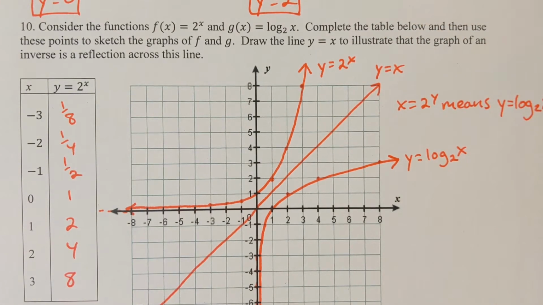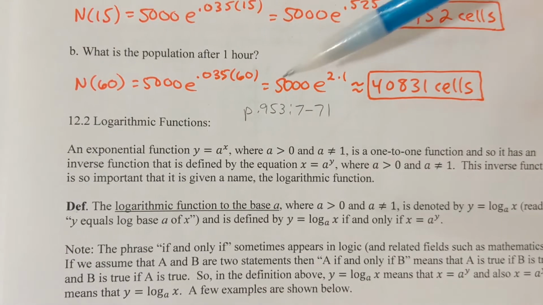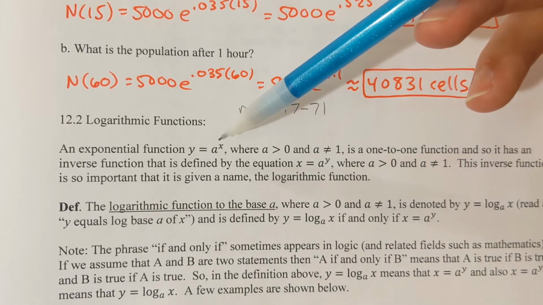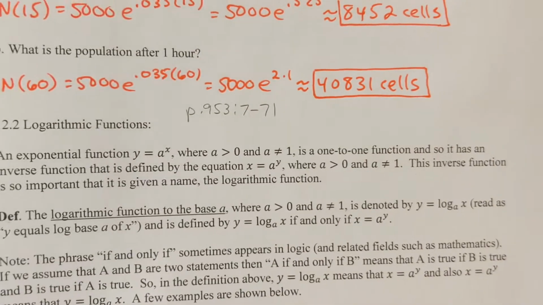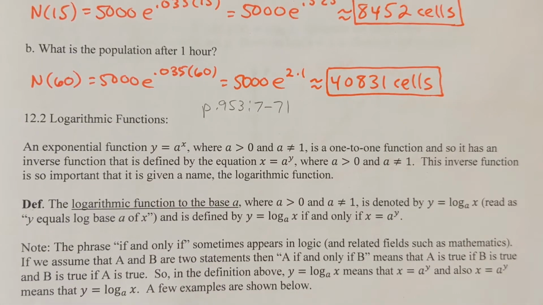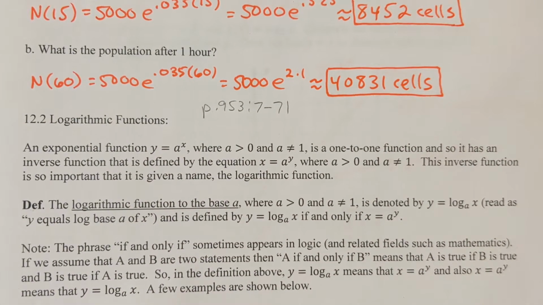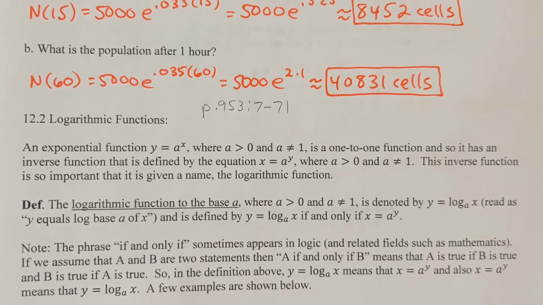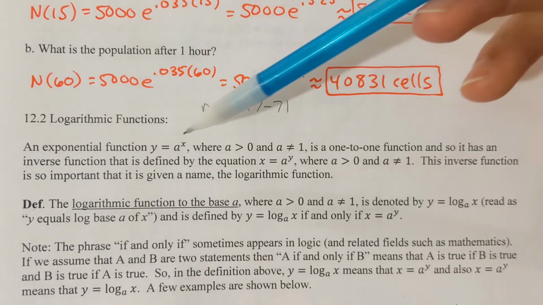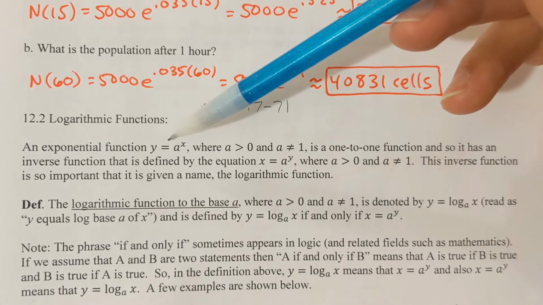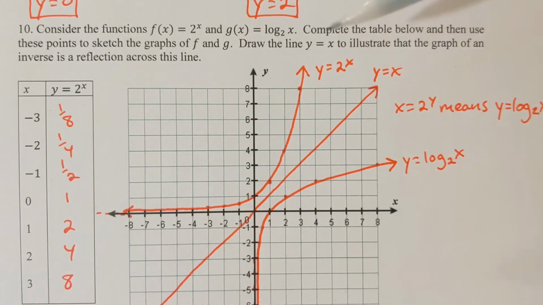Now, the very first thing that I had said in this section here is that an exponential function is a one-to-one function. What does that mean again? Well, it means that the inverse is a function. Okay, inverse is all about switching x and y. So if I want to calculate the inverse of y equal 2 to the x, I just switch x and y.